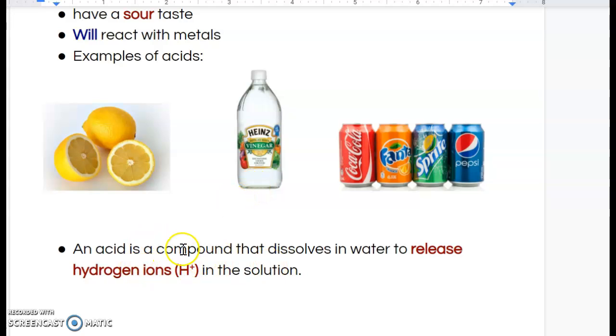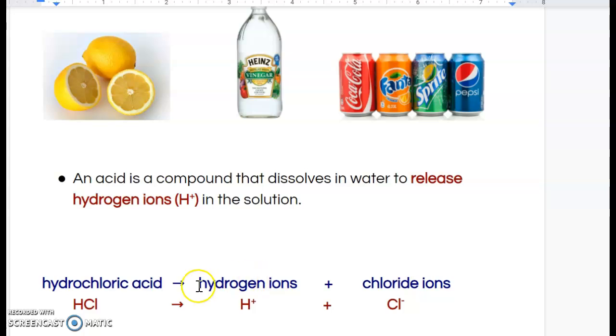An acid is a compound that dissolves in water, and for the most part, we carry acids dissolved in water, so usually they're aqueous solutions. An acid is a compound that dissolves in water to release hydrogen ions in the solution.